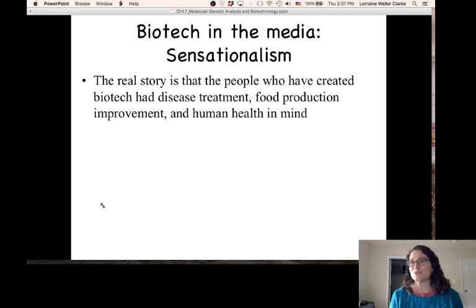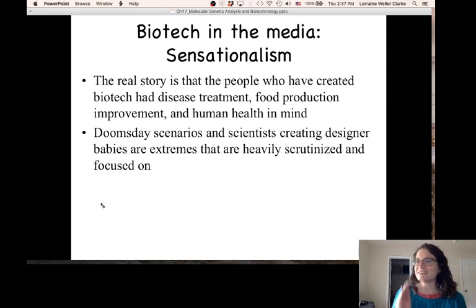Recognize that these are tools, okay? Doomsday scenarios, scientists creating designer babies, these are extremes. They are easily politicized, heavily scrutinized, and focused on by the media and in pop culture. It's kind of how my husband's a physicist, and every time there's a new thing talking about neutrinos or some other buzzword, they're like, is the universe a hologram?